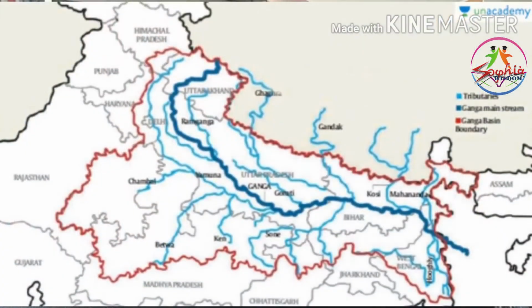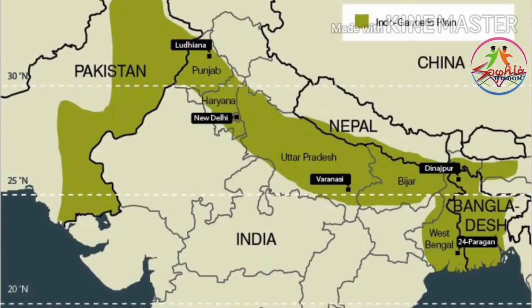When we come to the central part, it is known as the Gangetic Plain or Ganga Plain. It extends from the river Ghats to Teesta. This part mainly lies in the states of Uttar Pradesh and Bihar, and partially in Haryana, Jharkhand and West Bengal.